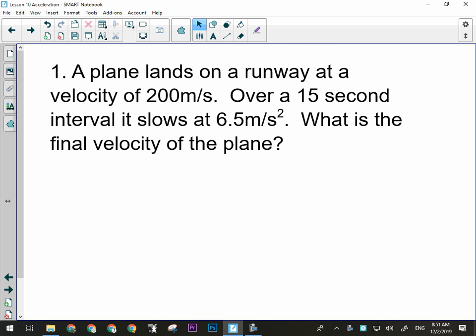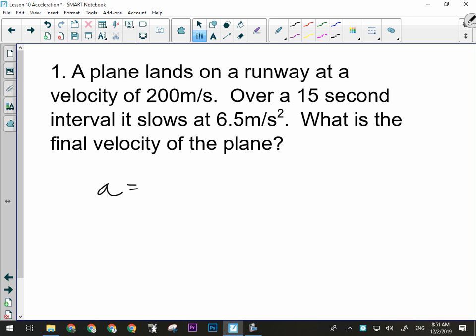So things we need to remember. Acceleration is any change in velocity over time. That could be speeding up or slowing down, changing directions or whatever. Any change in velocity is an acceleration.